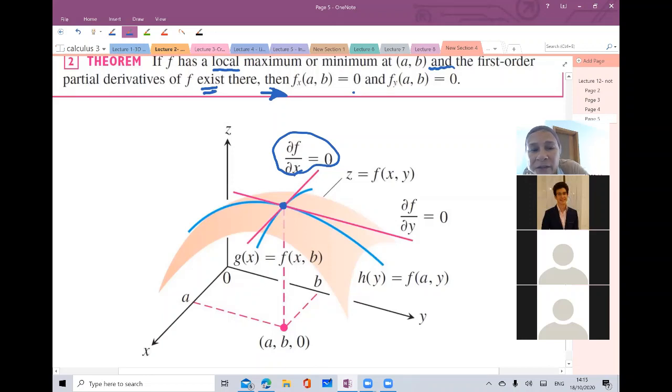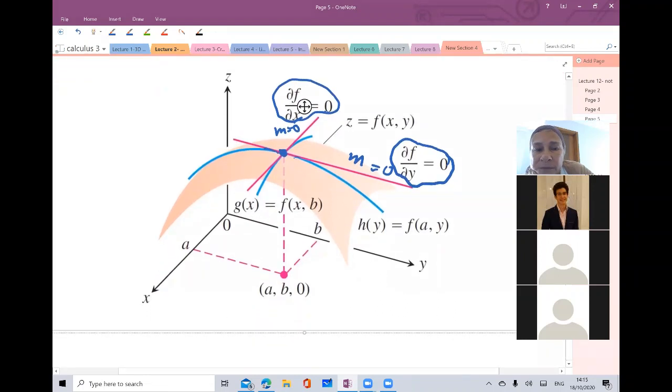So I'll have the slope equal to 0. Definitely all slopes must be equal to 0 at this point. So if I look at the curve of intersection along y and the tangent line, I'll also find that this slope is also 0. So I have indeed my partial derivatives at any extreme value equal to 0. It is verified or justified from this graph.